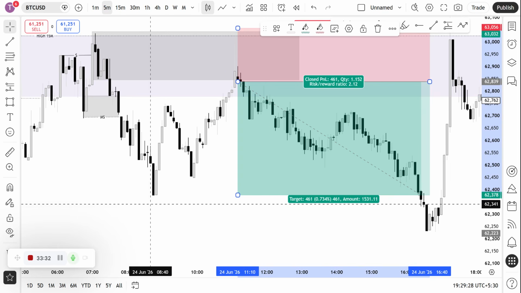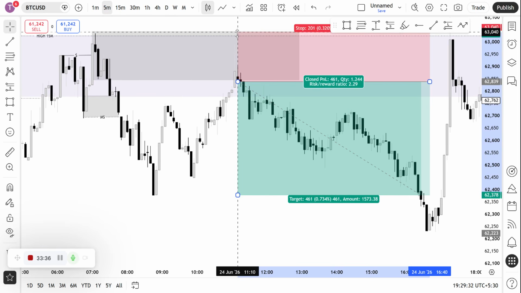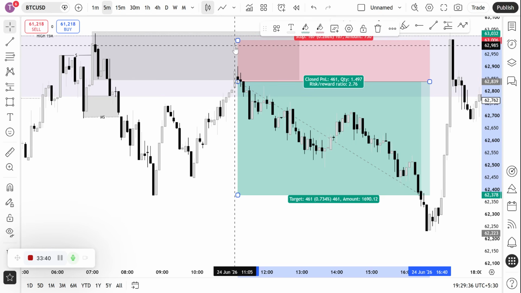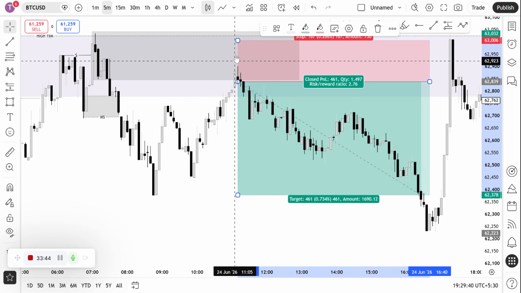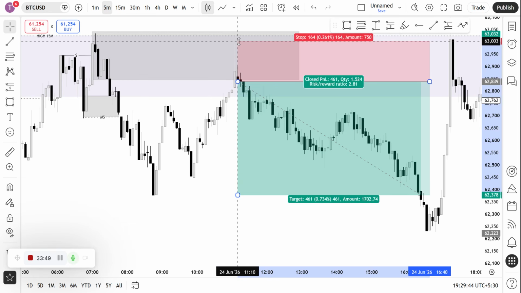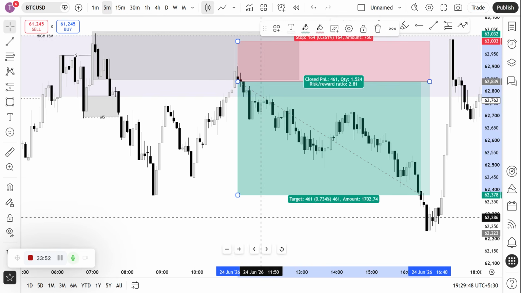Simple like that. This is my target, or you can put your TP right here. As you can see, this candle came here and then reverses. So this is the candle that mitigates the order block. I'm putting my stop loss above this wick right here, and then I'm done.